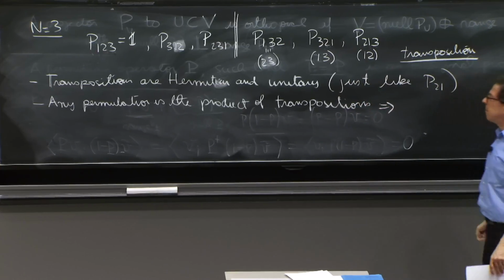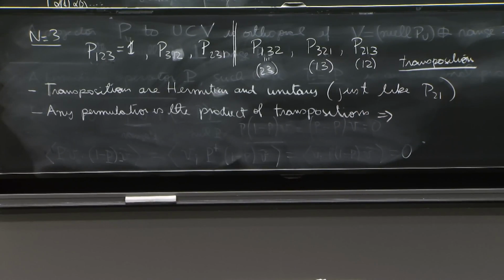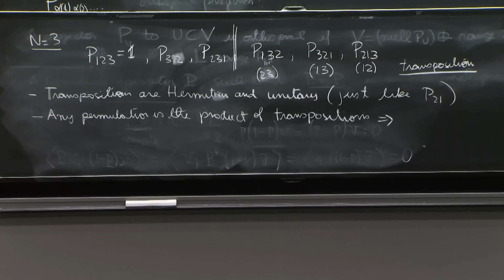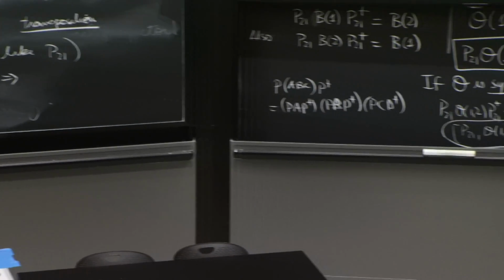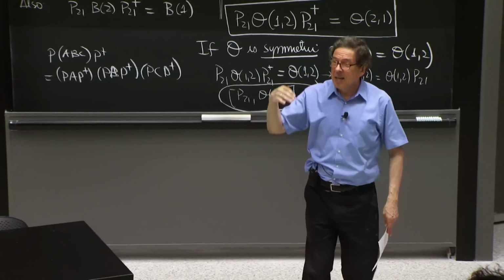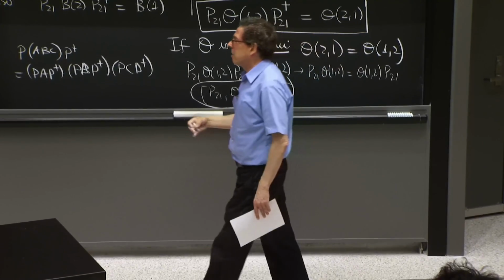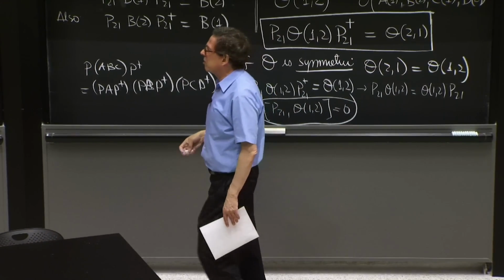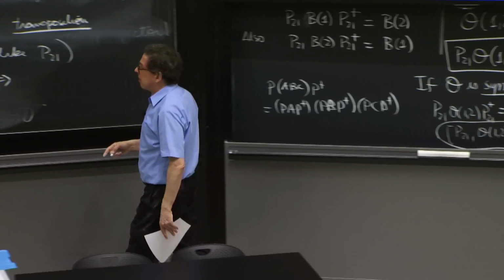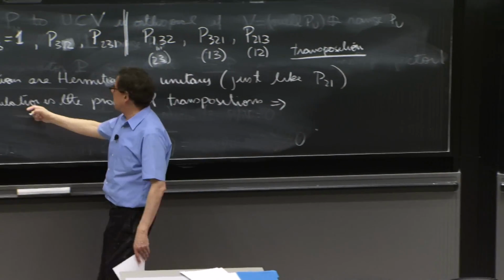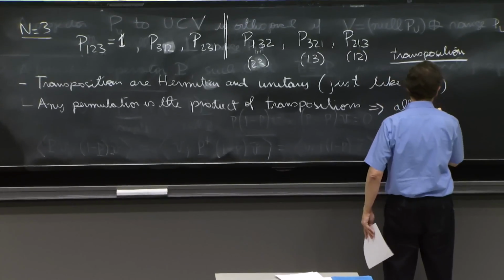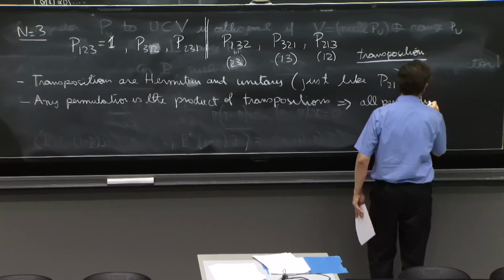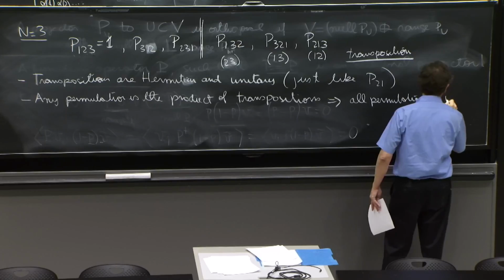And that implies, in a sense, the main result that you want from operators in this Hilbert space. Since transpositions are unitary and any permutation is a product of transpositions, any permutation is unitary. So all permutations are unitary.